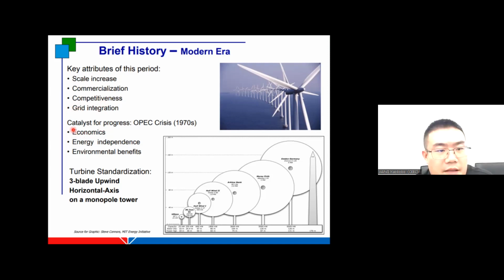We can see the catalyst for progress: the OPEC crisis, the oil crisis. Because of the oil crisis, we got an orientation toward renewables for two reasons. One is economics: we want renewables to be cheaper. The second is energy independence. Currently we are in a new era.